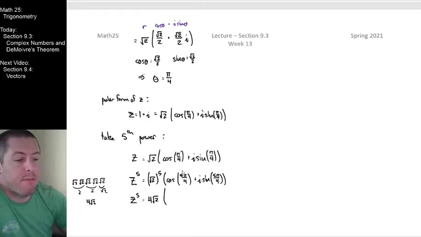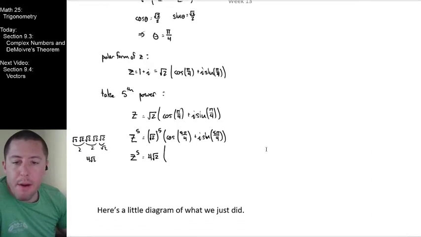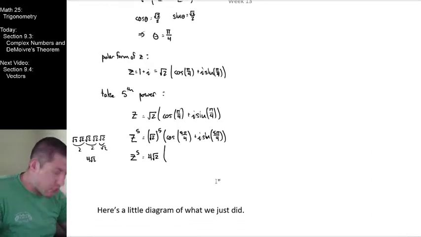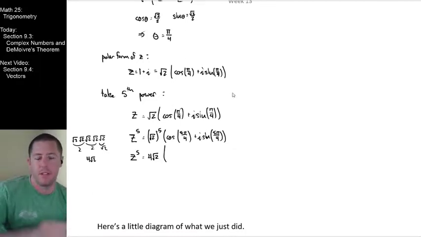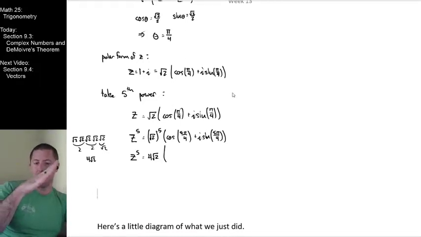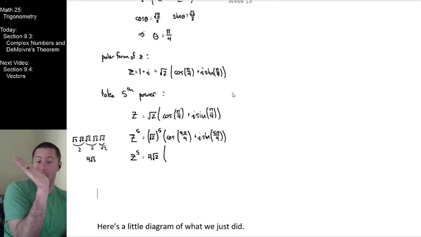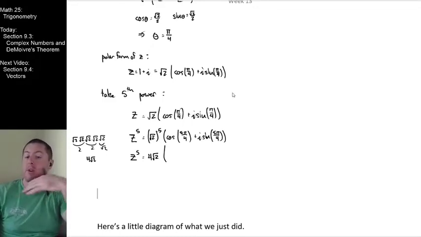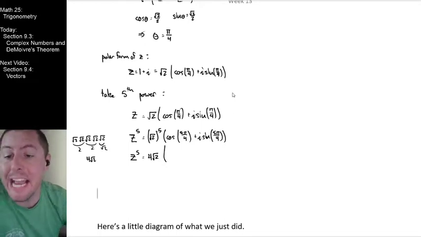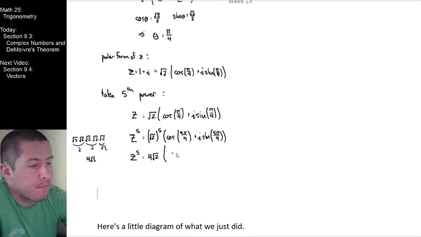Now, cosine of 5 pi fourths, this is one of our pi fourths, so I think I'm getting some version of root 2 over 2. But 5 pi fourths is somewhere else, right? So 1 pi fourth is here, 2 pi fourths, 3 pi fourths, 4 pi fourths, 5 pi fourths. So 5 pi fourths is in the third quadrant, so we're going to get negative root 2 over 2 for both of them.